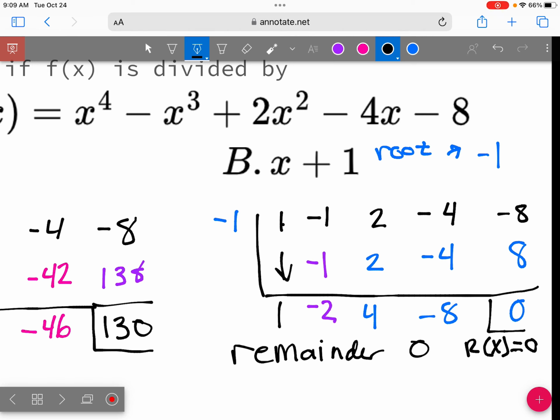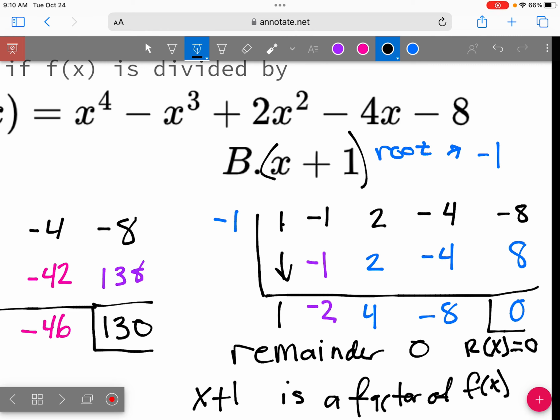What does that mean about the factor X plus 1? It's a factor. X plus 1 is a factor of f of x.